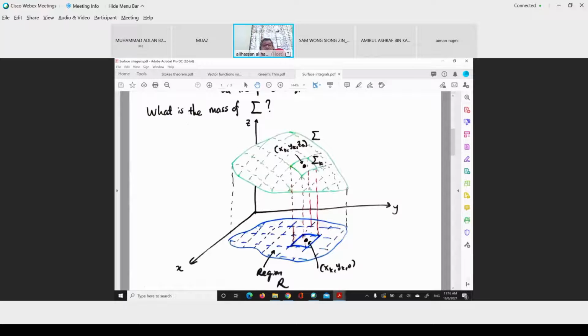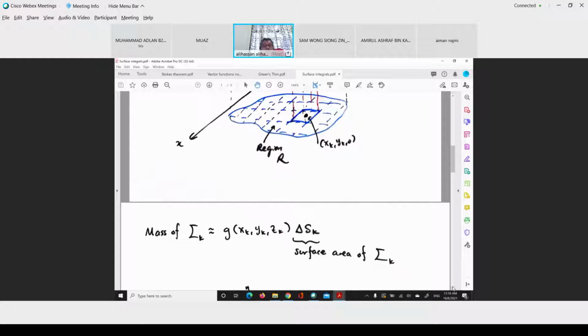There are many points on the surface sigma k, so let's choose a representative point (xk, yk, zk) on this surface sigma k. There's a projection on the xy plane in blue here, which I call Rk.